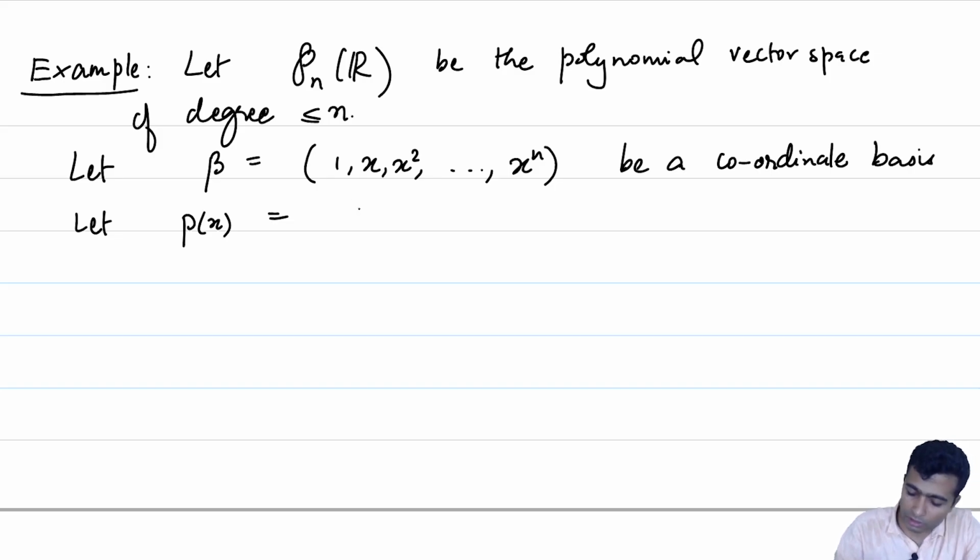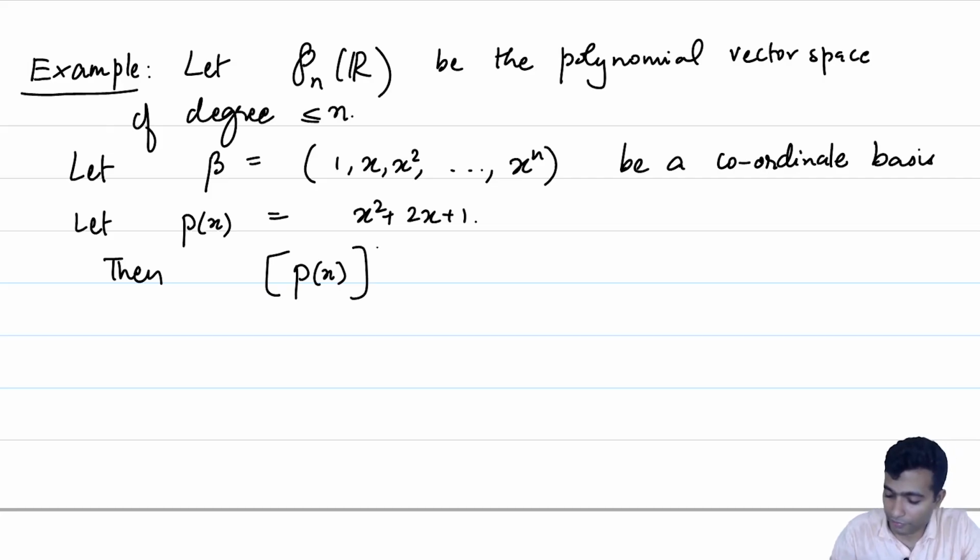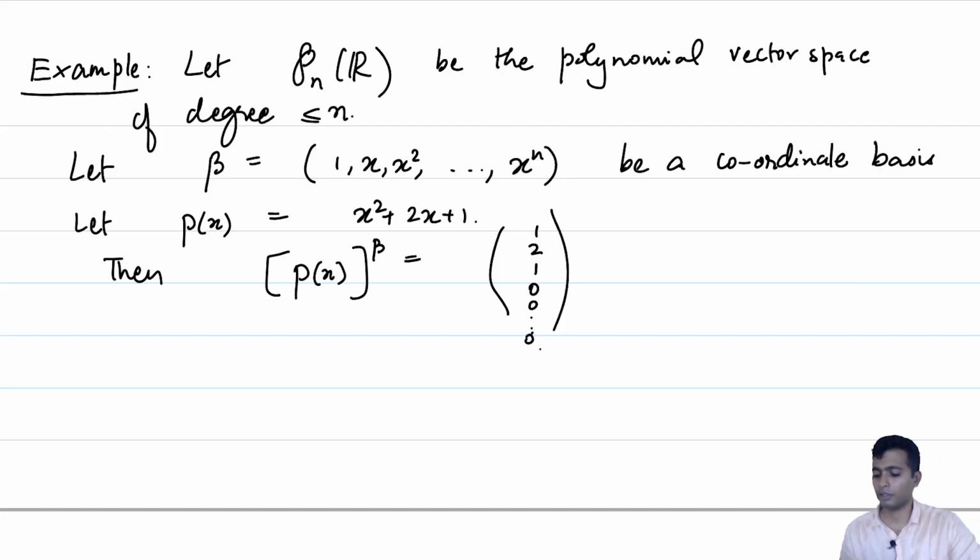Let P of x be some polynomial. Let's say this is x square plus 2x plus 1. Then P of x will have a coordinate representation, coordinate vector of P of x with respect to beta will just turn out to be equal to 1 2 1 0 0 dot dot dot 0, the n plus 1 cross 1 vector on the right here.